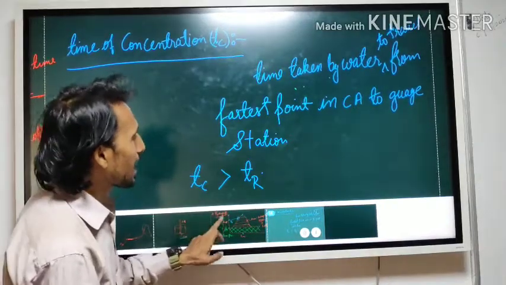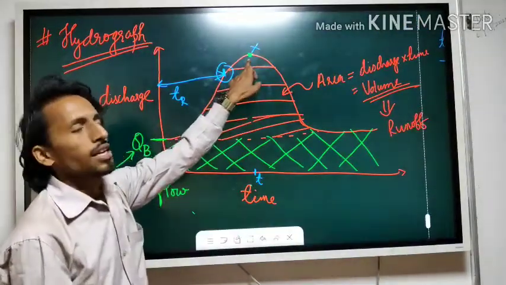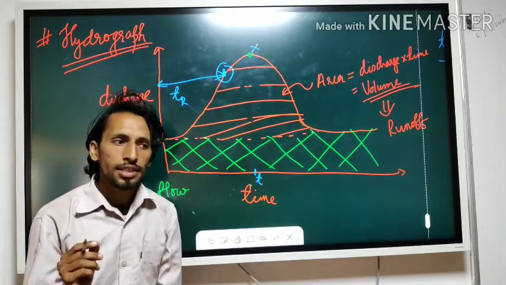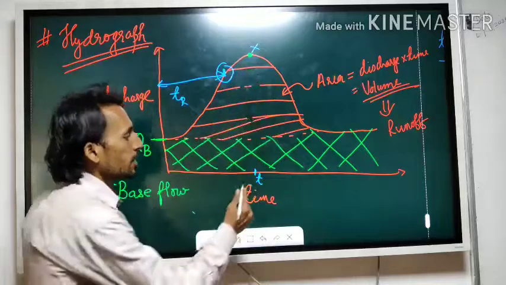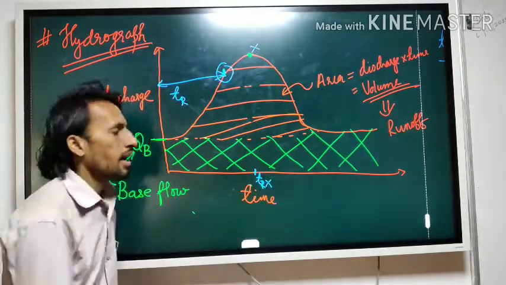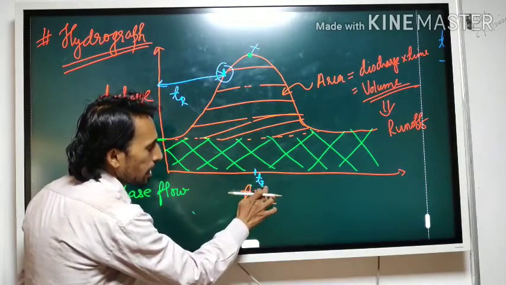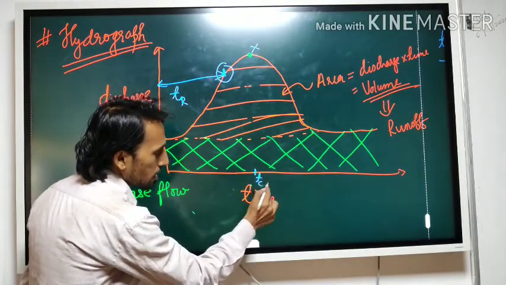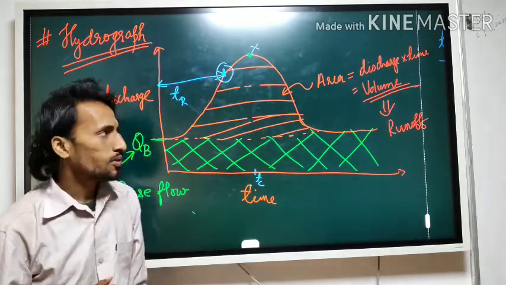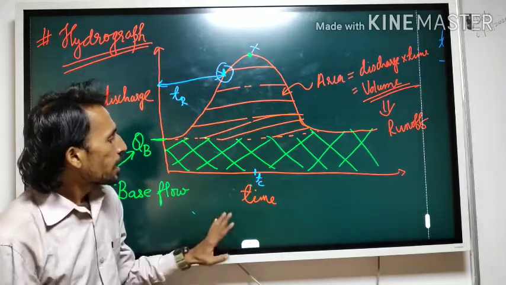That also means that this is not your duration of rainfall. This particular time is not TR, rather it is nothing but time of concentration. So it is very important to understand that.